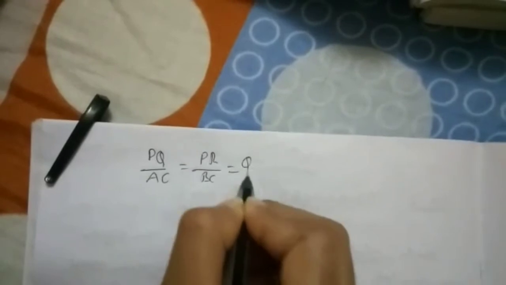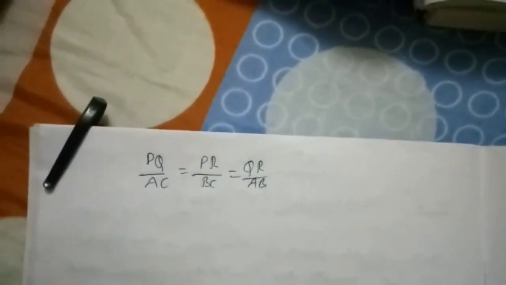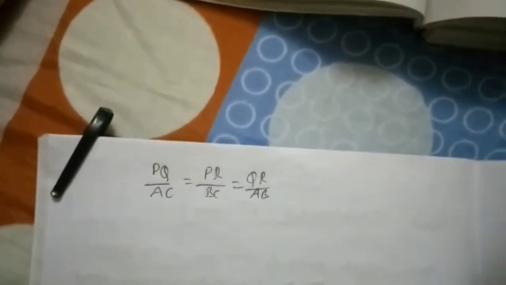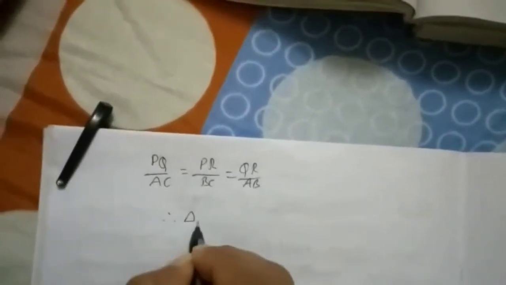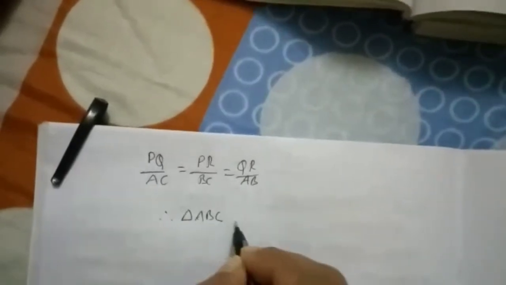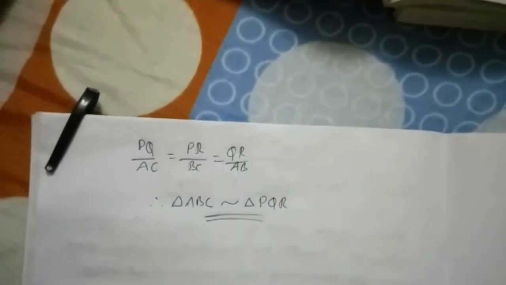PQ by AC is equal to PR by BC is equal to QR by AB. Now you got corresponding sides in the same ratio or same proportion. Then we can say these two triangles are similar: triangle ABC is similar to triangle PQR.